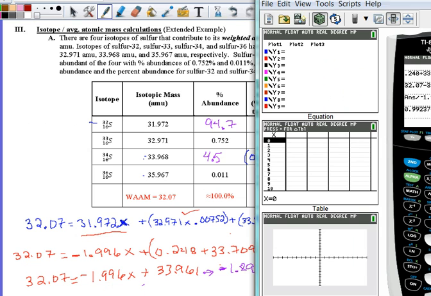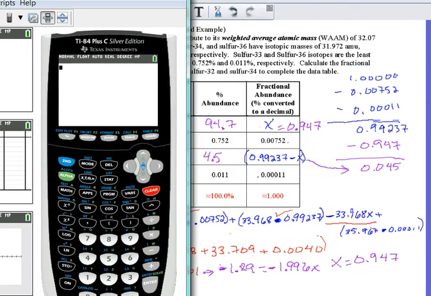So on my calculator, I will say 94.7 plus 0.752, plus 4.5 and 0.011, and you get 99.963, which is close enough to 100%. 99.9 will do the trick.